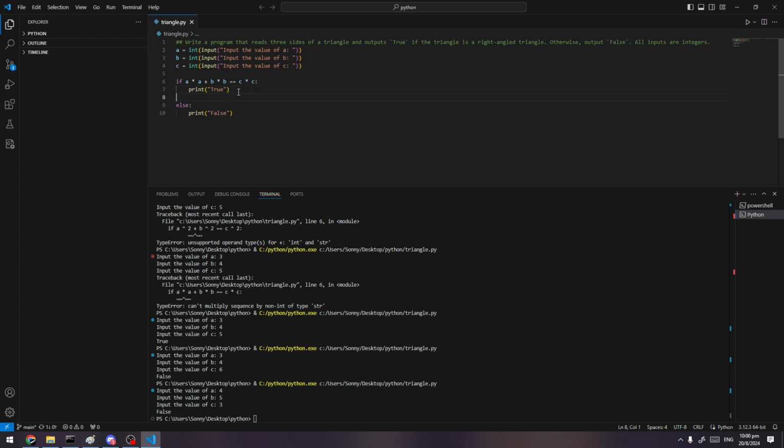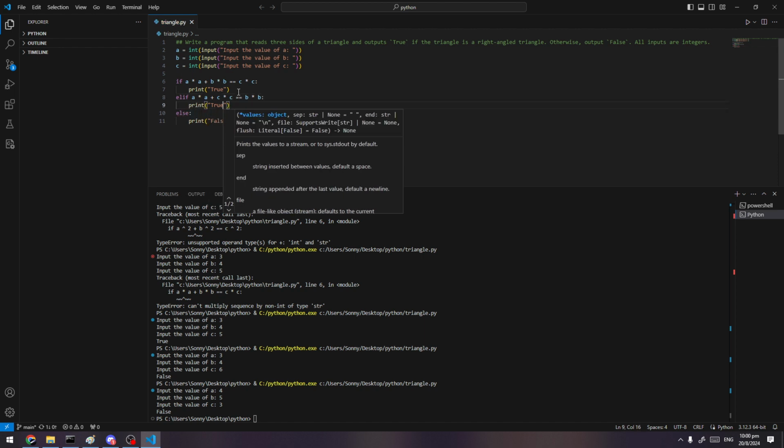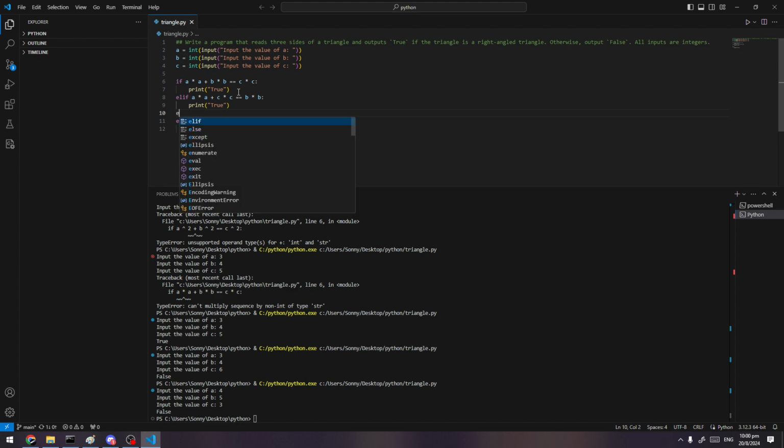We can add an else if: a square plus c square equals b square, print true. Else if, okay, sorry, this is not C++.